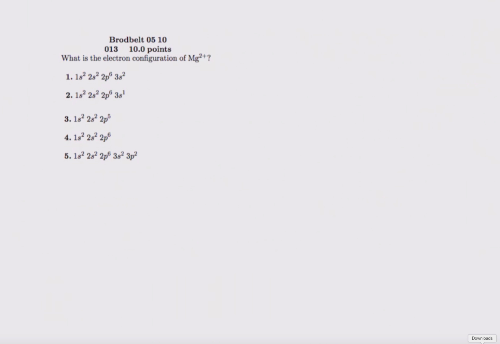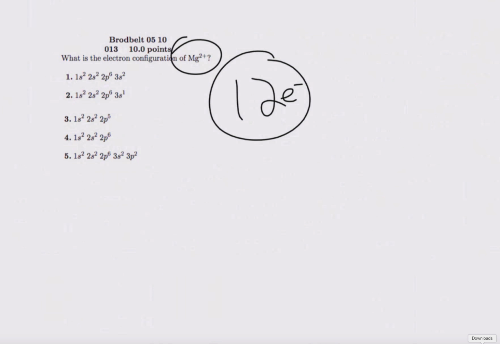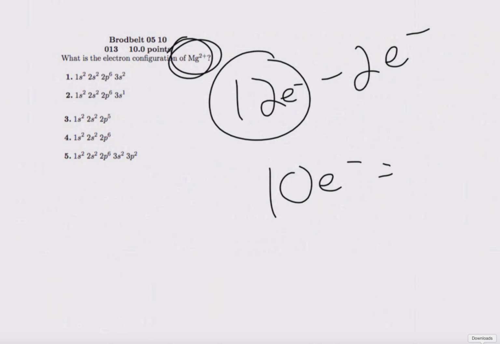What is the electron configuration of the Mg ion, the magnesium ion with a charge of +2? Well, magnesium is element number 12, which means normally it has 12 electrons. But the fact that it's a +2 ion means it has lost 2 electrons, so now it only has 10 electrons, which is the same as the neon noble gas.